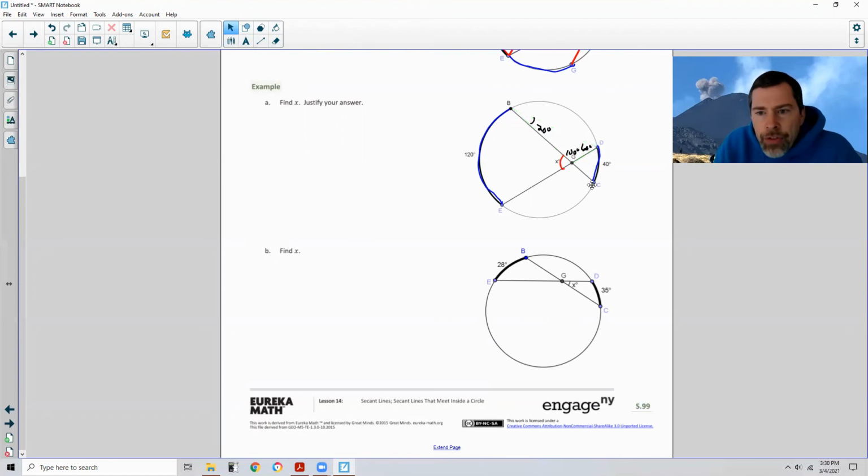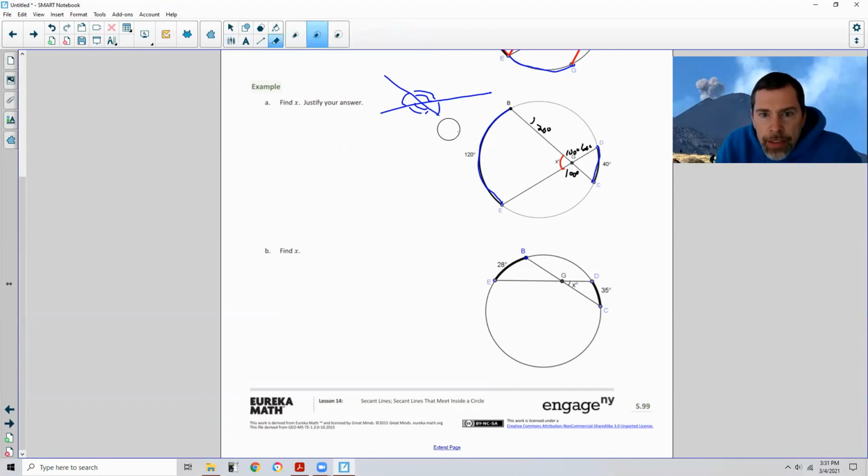Well, we have 2 lines intersecting. Okay, some teachers call this the cat whisker diagram, and it just means if you have a straight line going this way and a straight line this way, these are vertical and these are vertical, and we know vertical angles are congruent. So if BGD is 100, then CGE is also 100 degrees.